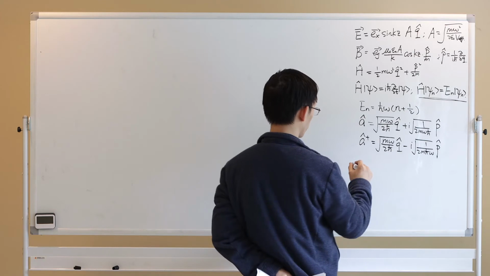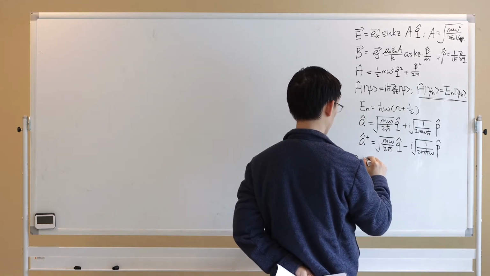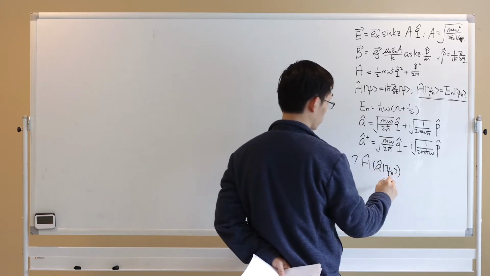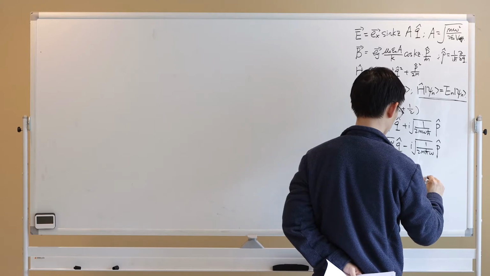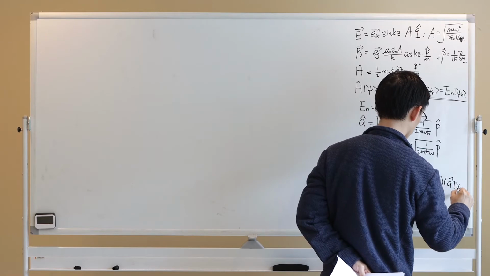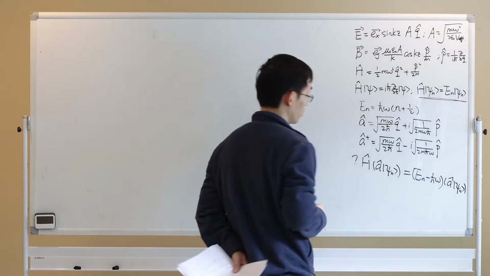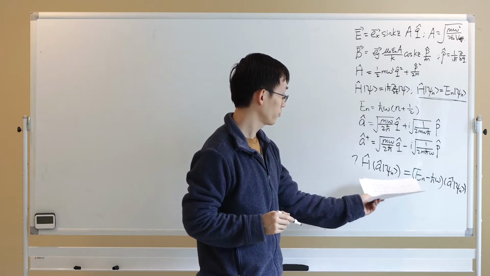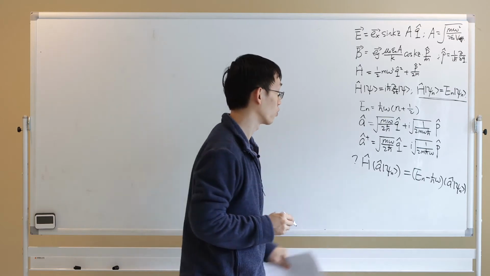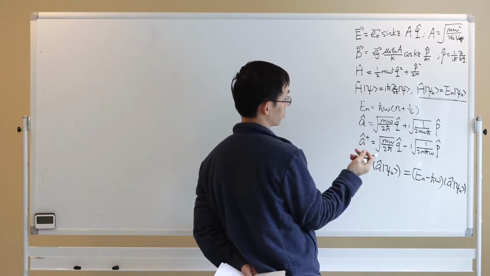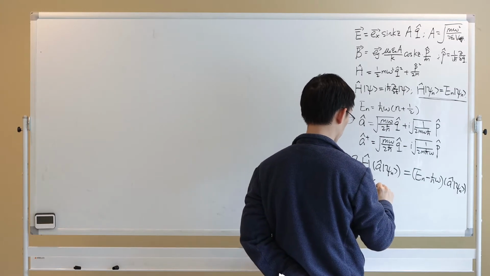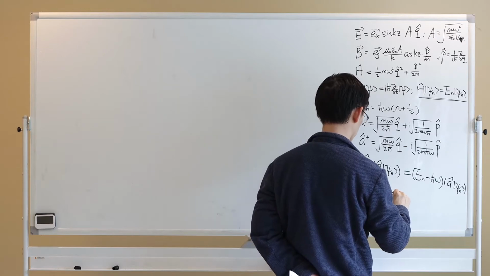So the question would be, if you apply the Hamiltonian operator on A acting on the nth state, would it give you En minus h bar omega? If it does, that means you indeed lower the photon number by 1. This is the key concept of how to verify the creation and annihilation operators. And for the creation operator, the thing would be like this.